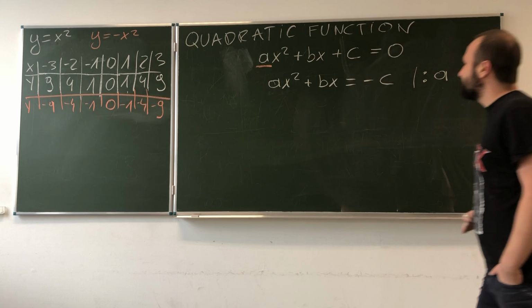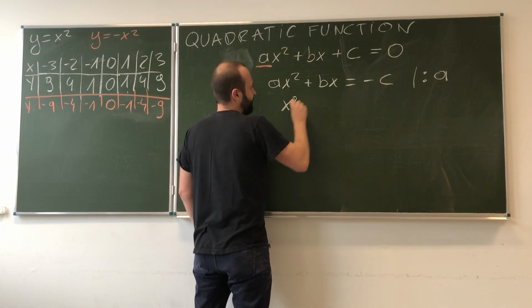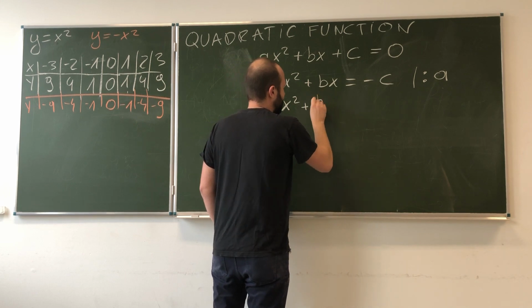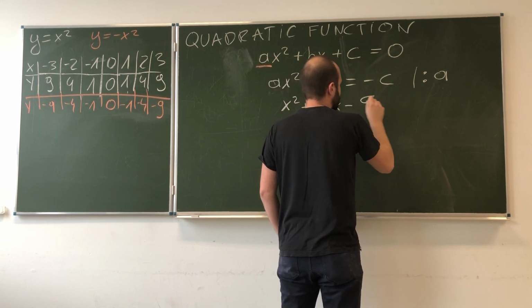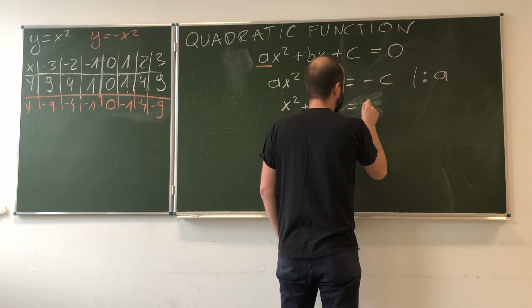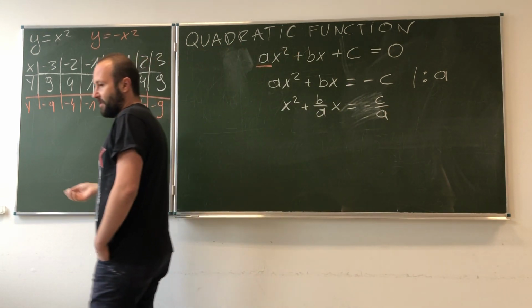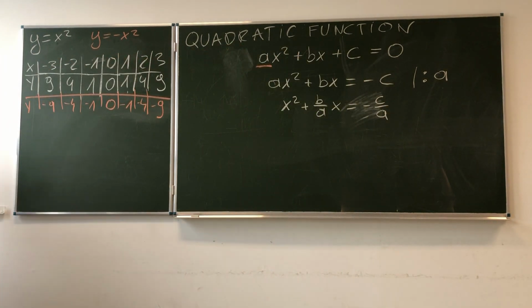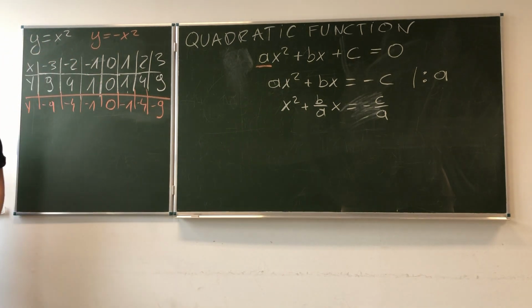So, what I'm doing here is dividing both sides by A. So we've got x squared plus b over a x equals negative c over a. And now, we need to take a step that is, how to say, not very easy to come up with.